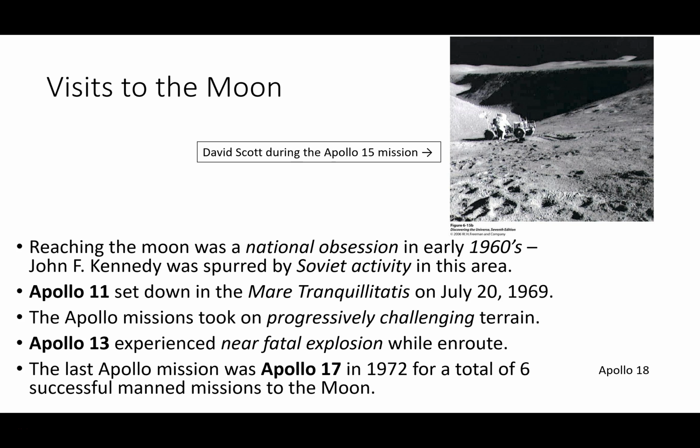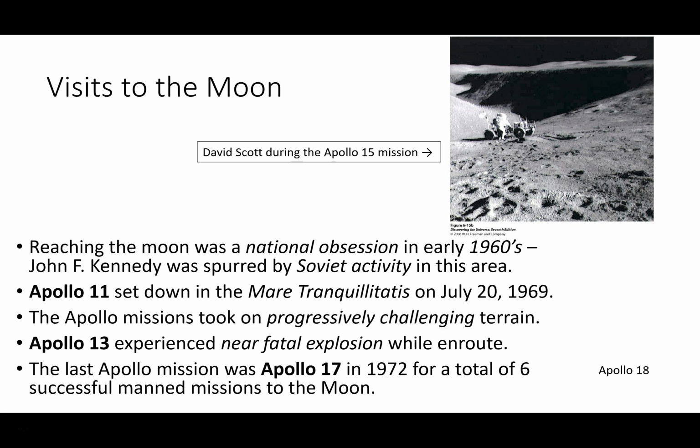So like the slide says, 11 was the first manned mission to successfully set down. If you get a chance to go to the Adler Planetarium in Chicago, or any planetarium where they talk about the missions to the moon, it's just amazing. The scientists, the men, mostly men, put their lives on the line.